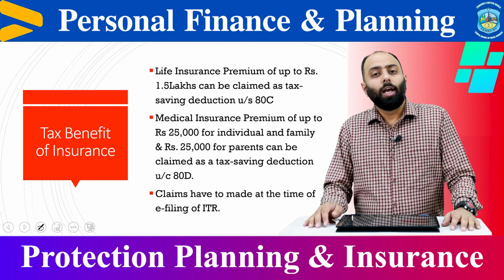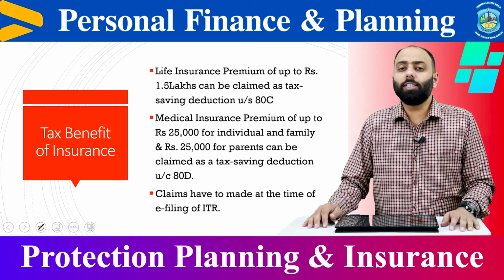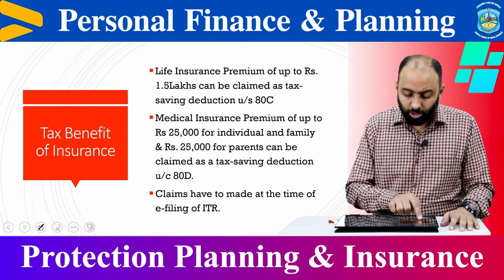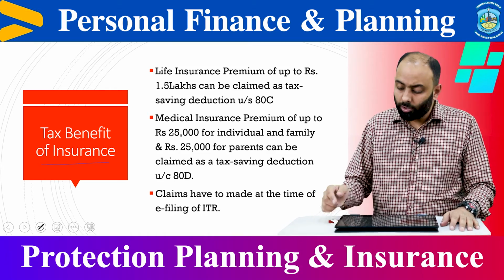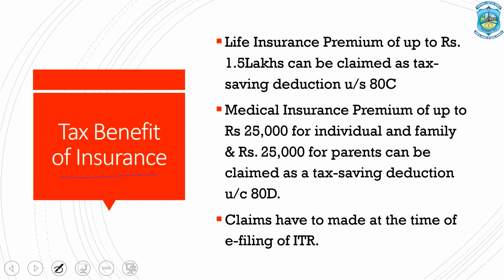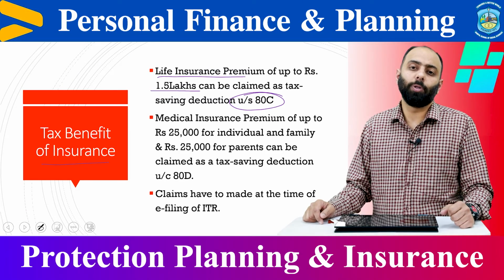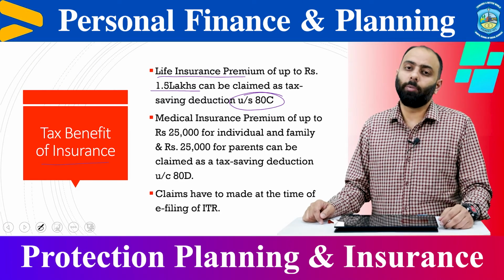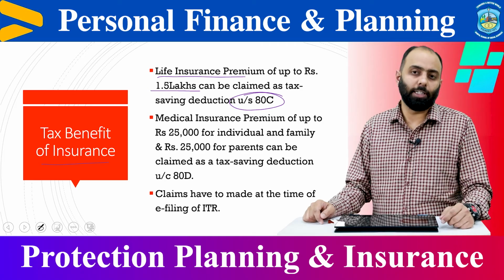Then, as I said just now, we have various types of tax benefits on the insurance that you are going to have. So the very first tax benefit which a person gets is from Section 80C, in which an individual gets a rebate of 1.5 lakh rupees in case of a life insurance policy. So your 1.5 lakh rupees from your ITR can be deducted, and that can ease off your tax burden.